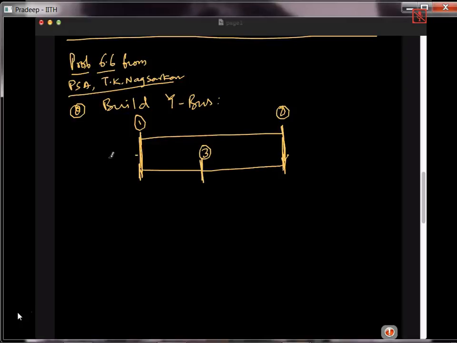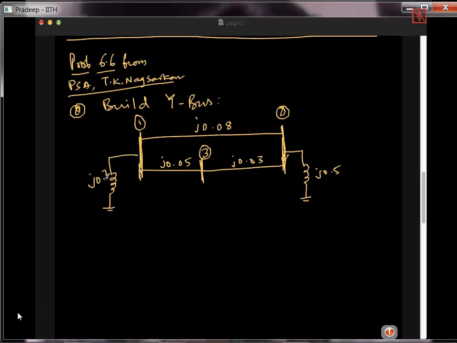And bus 1 is connected to the ground using an impedance, and bus 2 is also connected to the ground using an impedance. So this is J0.5 and this is J0.08 and this is J0.03. This is J0.05 and finally this is J0.2. So I'm giving you these values. So based on this, the question is to build Y bus.